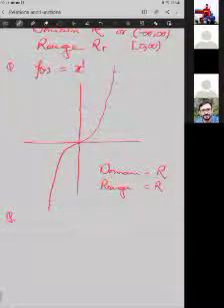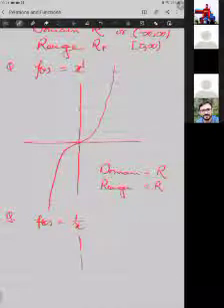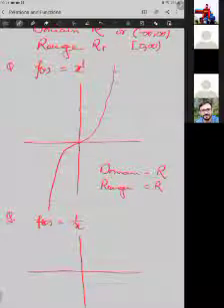Now next thing is coming, f(x) = 1 upon x. f(x) = 1 upon x. Now domain and range, how to calculate? So let us think about it.